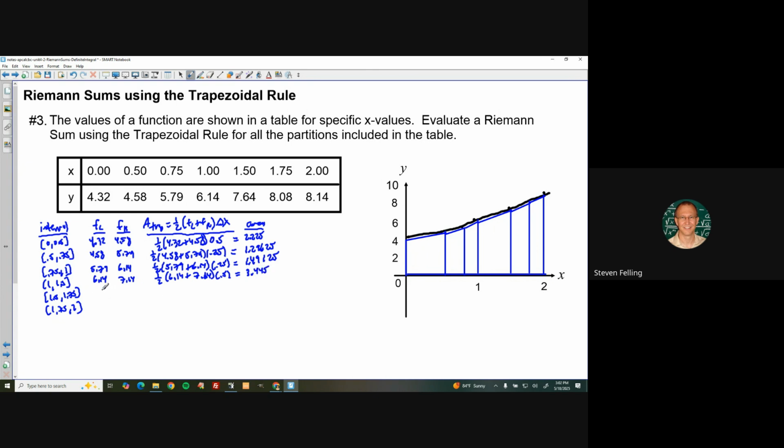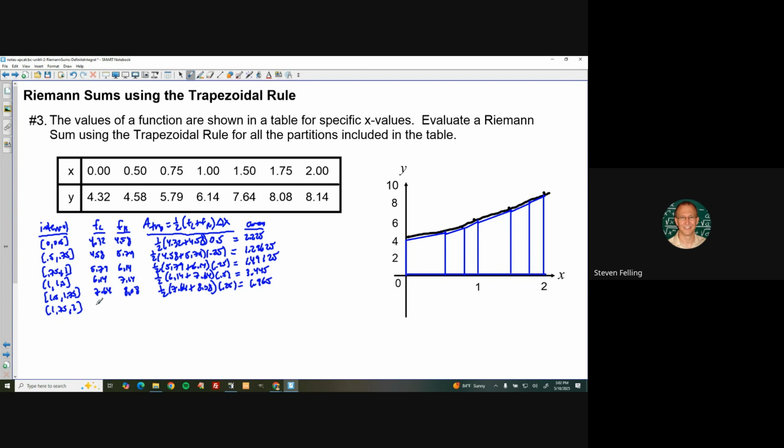And then the last two. So heights are 7.64, 8.08. Trapezoid area is 1/2 times 7.64 plus 8.08 times the width of that interval, which is 0.25. Turns out to be 1.965.